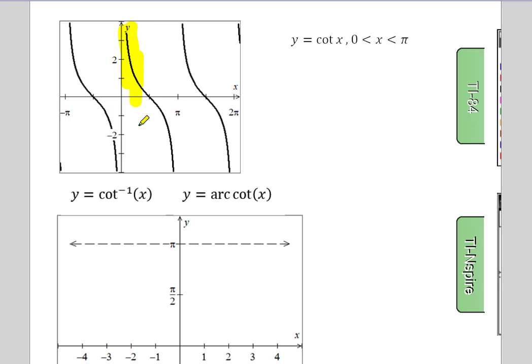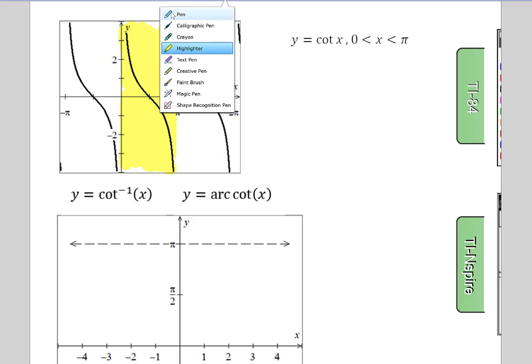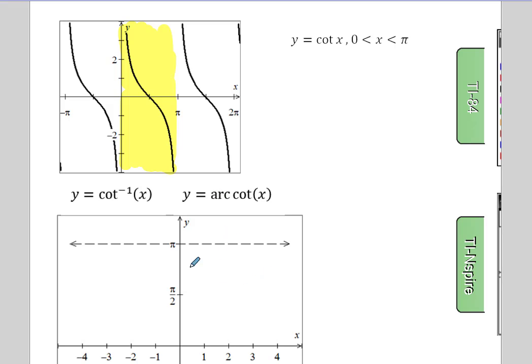We're just going to look at this one, the parent function between 0 and pi, and interchange the x's and the y's so that we have pi over 2, 0, and on our inverse we have 0, pi over 2. Here we have pi over 4 and 1, so at 1 we have pi over 4. And here at 3 pi over 4 we have -1. So on our inverse we have -1, 3 pi over 4.